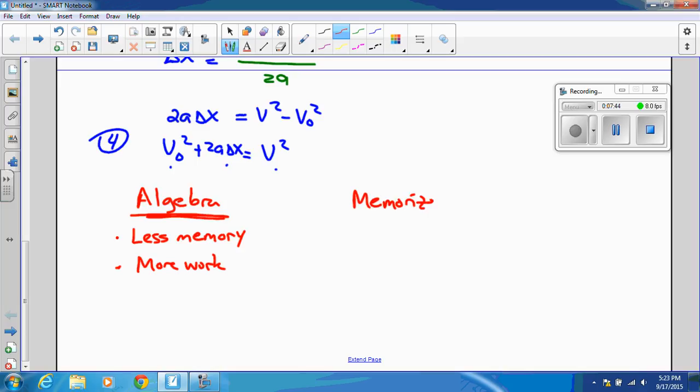If, on the other hand, I try to memorize, then I have to take up more memory to do that. I have to work harder to remember the four equations and not get them confused and so on and so forth. On the other hand, when I need to solve a problem, I don't have to work as hard to do it. Hold on to this thought right here, and we'll come back to it.